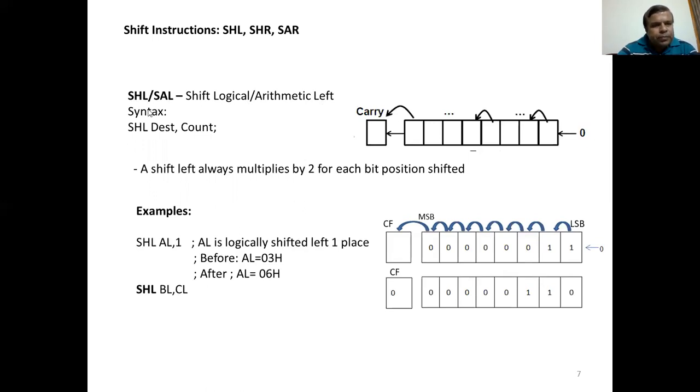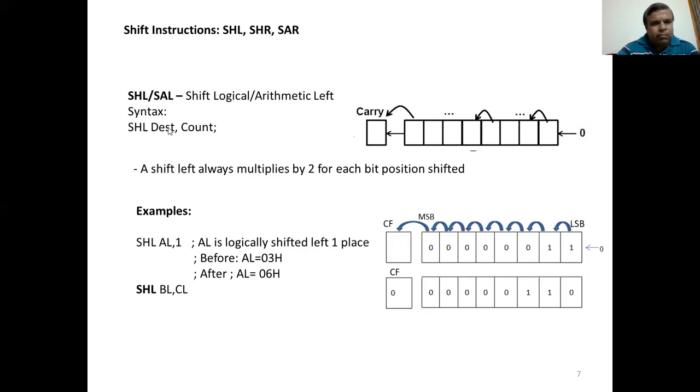The syntax is SHL destination, count. This instruction shifts each bit in the specified destination operand to the left by the number of bits specified in the count, and the result is stored in the destination operand.